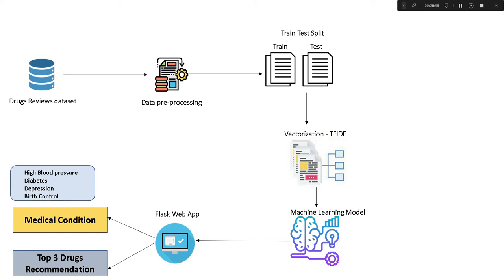So we'll be using these two parameters, ratings and useful counts, for extracting our top drugs based on the condition. We are sorting our data set based on rating and useful count, and then passing it the medical conditions. We filter by medical condition and extract the top 3 drugs based on higher rating and useful count.